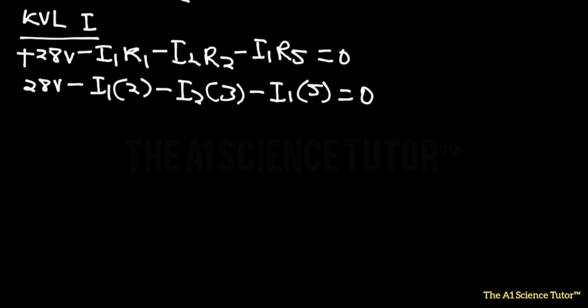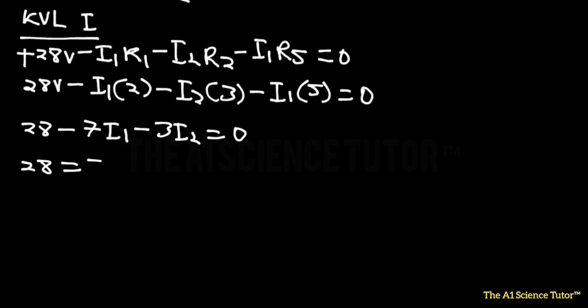So right now we're going to have 2 I1 with 5 I1. That will be minus 2 I1 minus 5 I1, that gives us 7 I1. So this is 28 minus 7 I1 minus 3 I2, and this is equal to 0. I'm just going to take these to the other side. That will be 28 is equal to 7 I1 plus 3 I2.